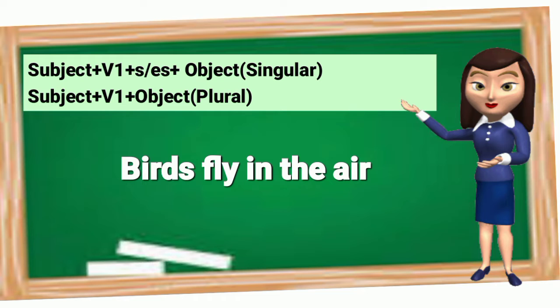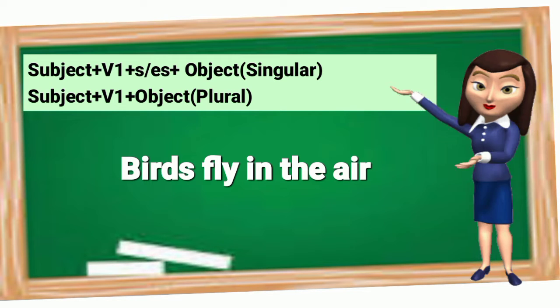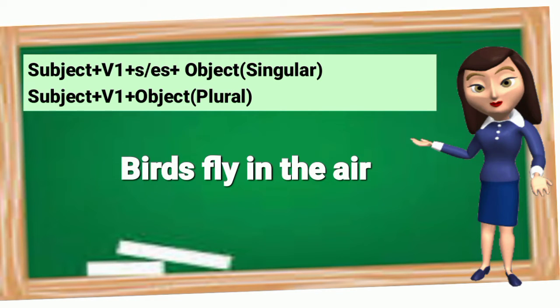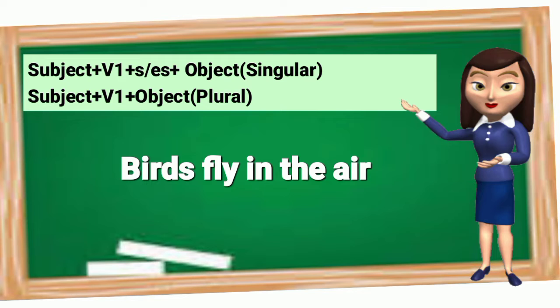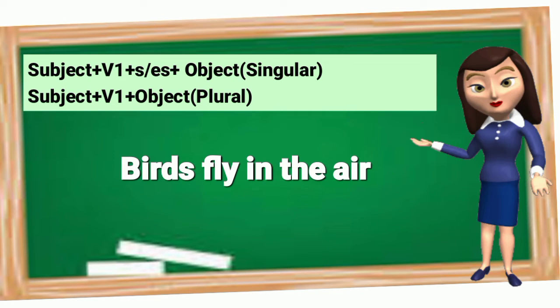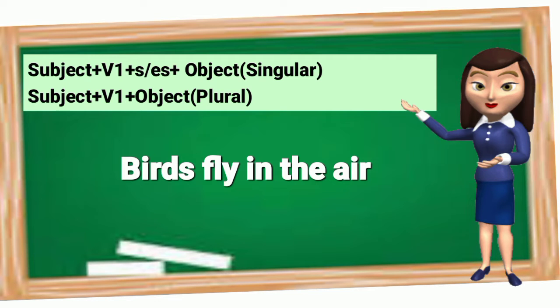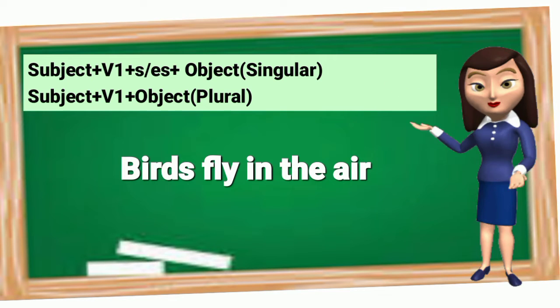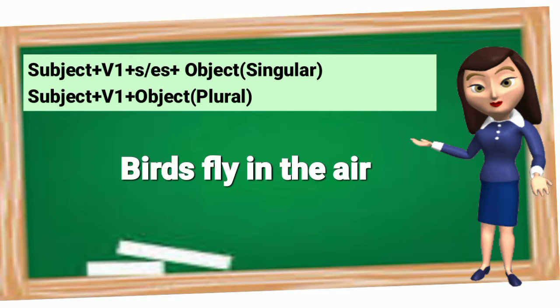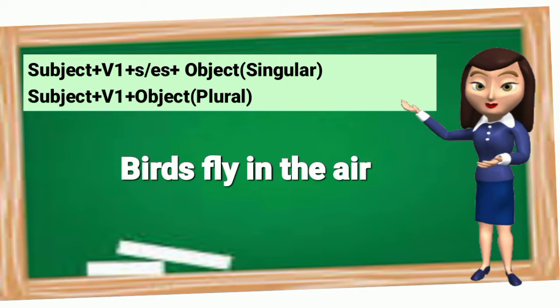Subject plus V1 plus object, that is plural. We already know what is singular and what is plural. V1 is the first form of the verb.